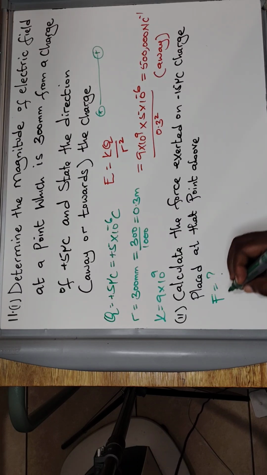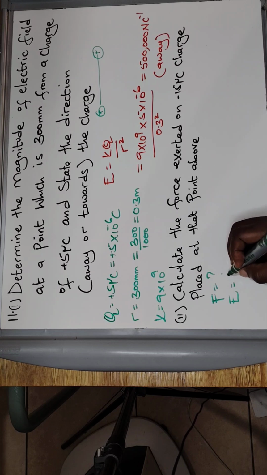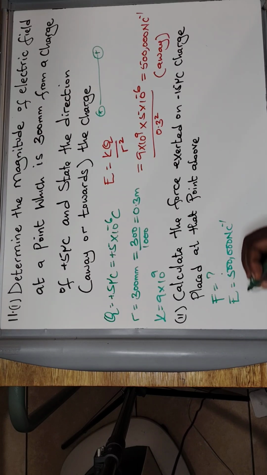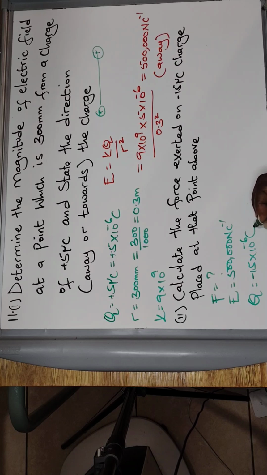What else do we know? You know the electric field at the point, which is 500,000 Newton per coulomb. What else do we know? You know the charge placed there, and the charge is negative 15 times 10 power minus 6 coulomb.